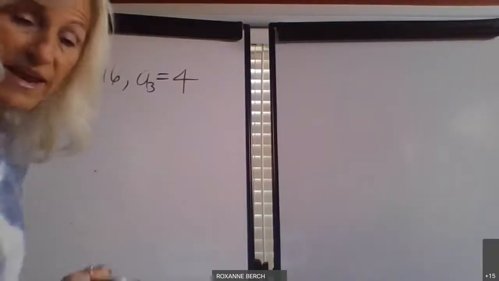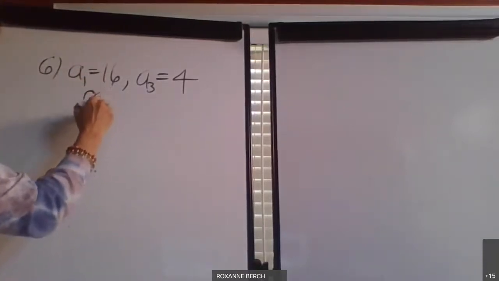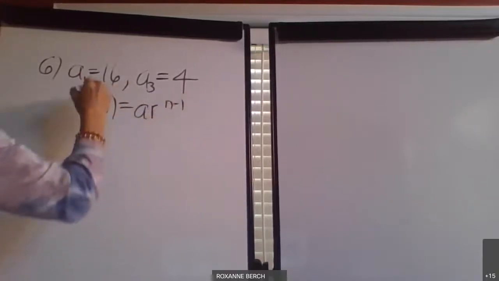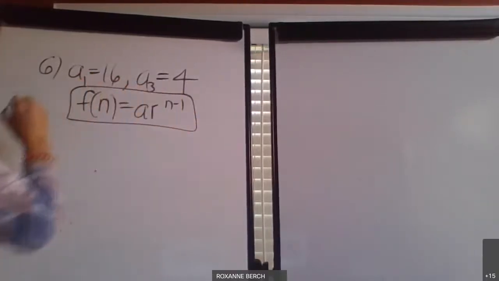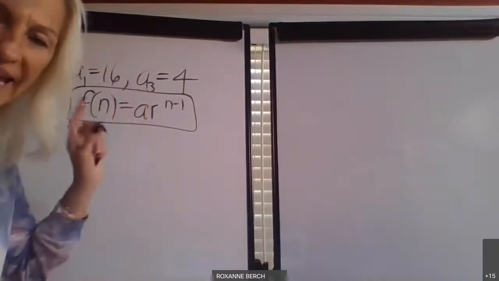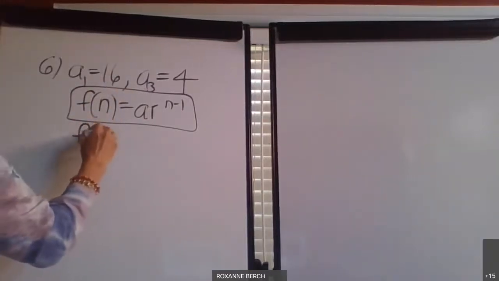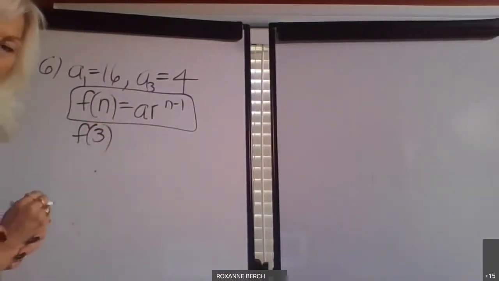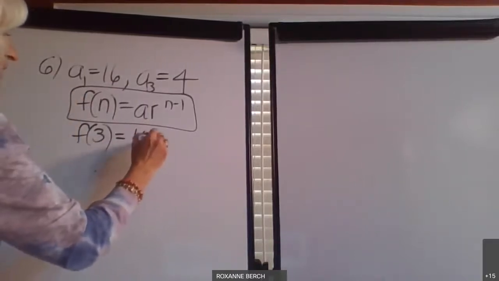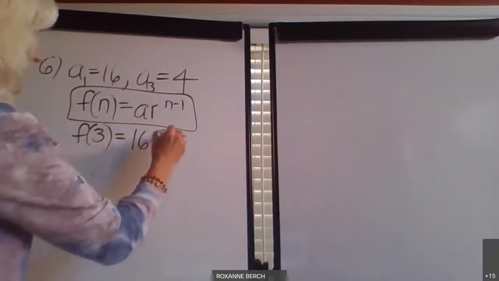I'm going to take my explicit rule for having the first term. I'm going to look at position 3, and wherever I see a sub 1, I'm going to put in 16. And wherever I see an n, I'm going to put a 3.